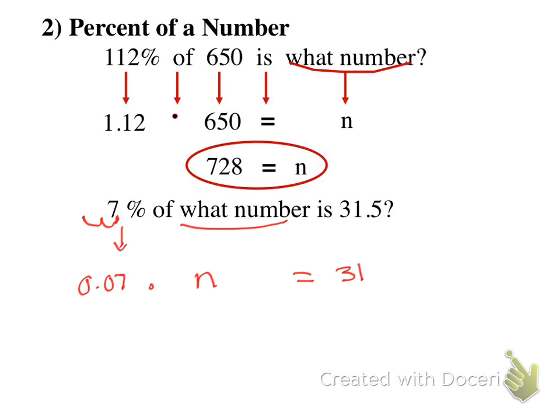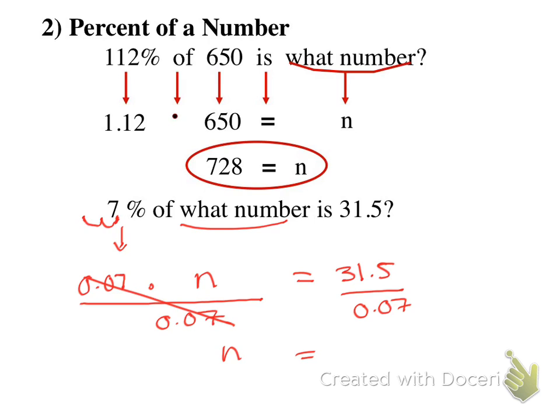31 5/10. Now, to get the n alone, what do I have to do? Good. And n equals, you could clear the decimal here.